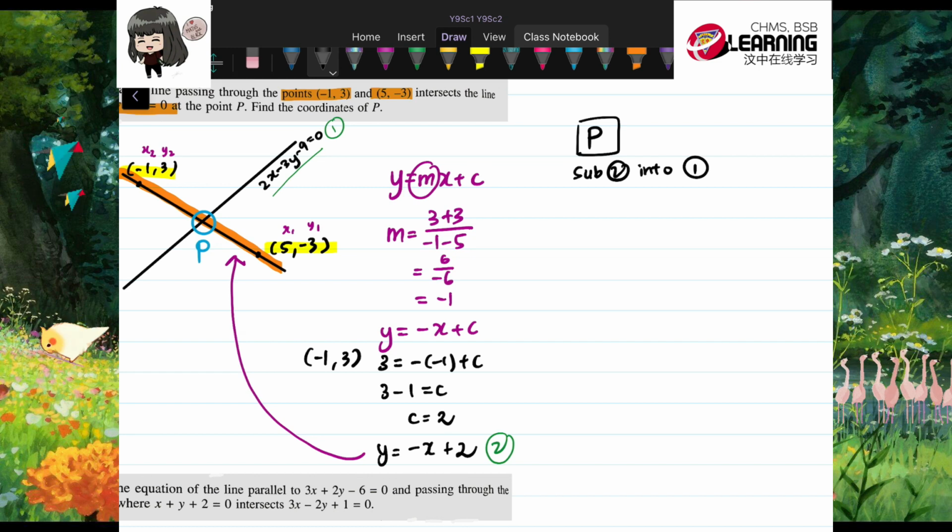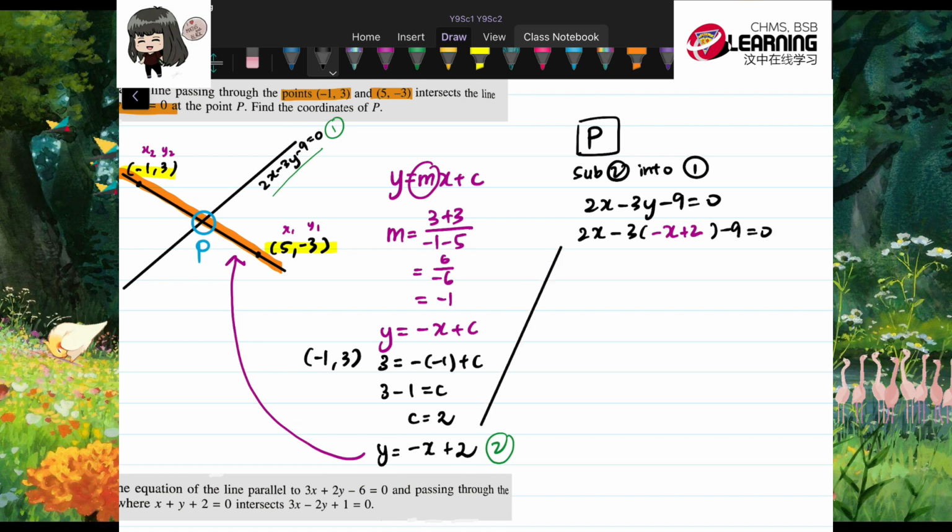Okay, so 2x minus 3y minus 9 equals 0. I sub in my y. I sub in this one. So 2x plus 3x minus 6 minus 9 equals 0. And then I solve.